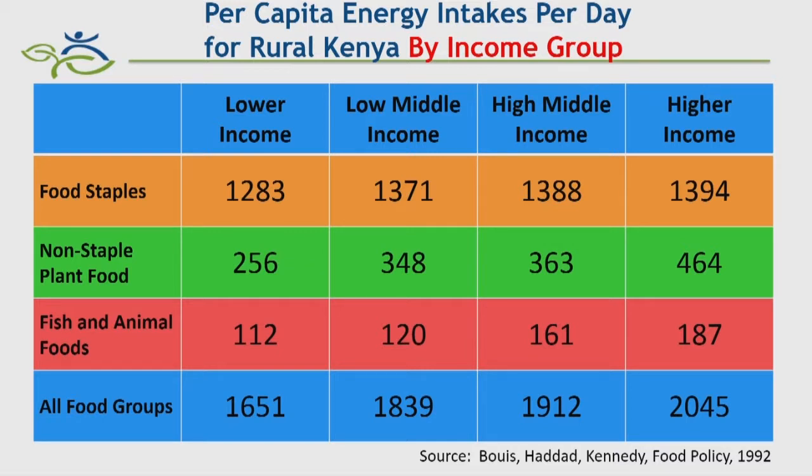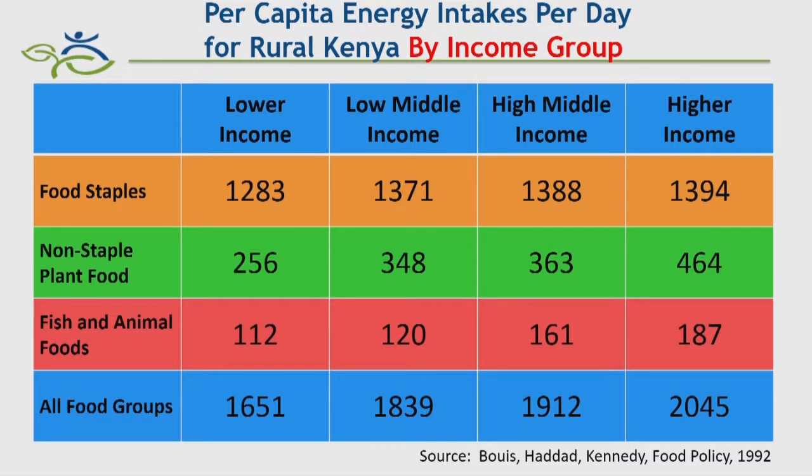And then what do they do at the margin as their income increases? Well, you look at the non-staple plant foods, you see that the consumption goes up. And then you look at the fish and animal foods, and you can see that the consumption goes up. So that's what people want to do. As their income goes up, they want to have more diverse diets, and they do. They go and they buy those products.